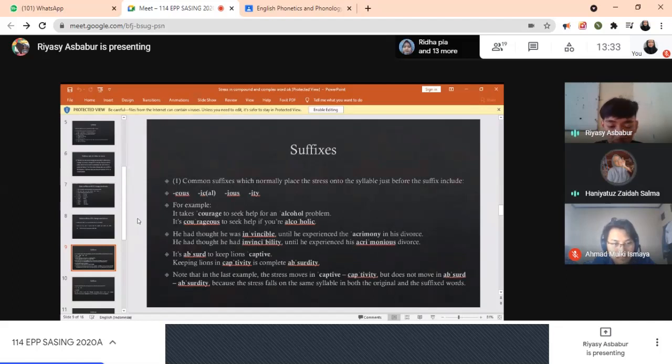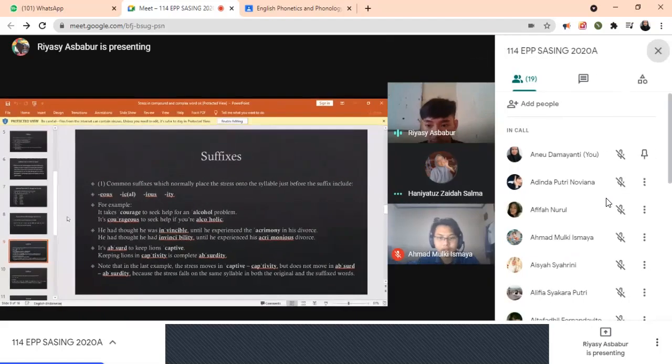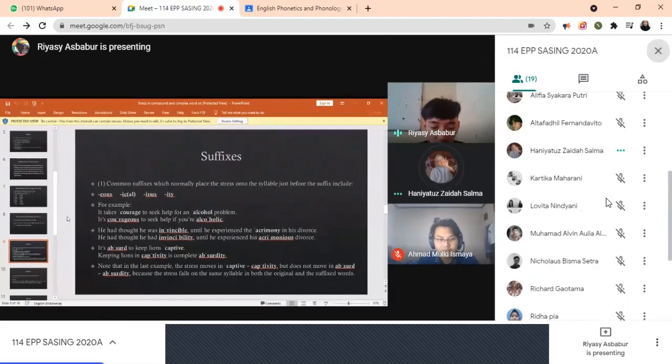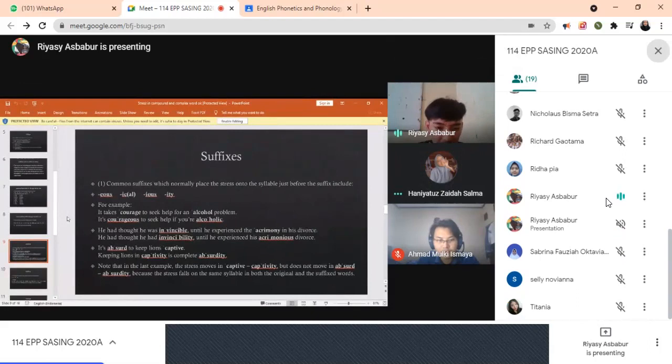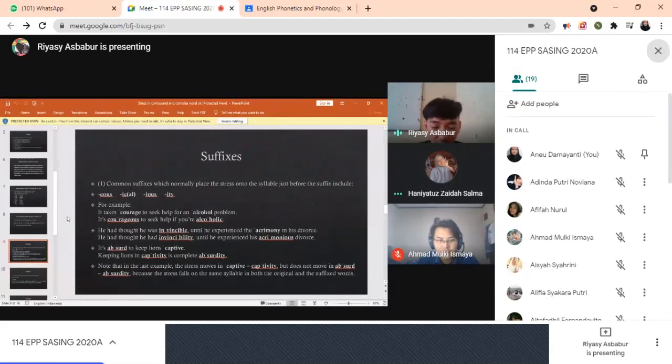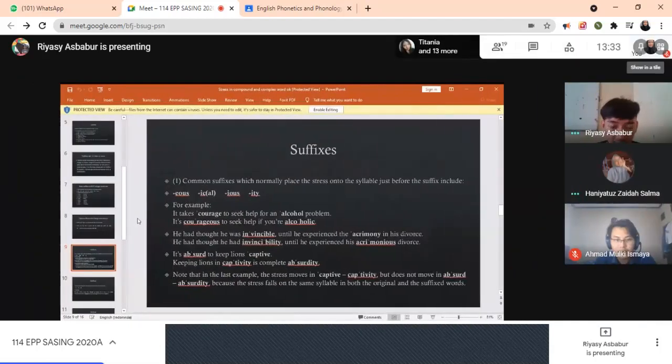Common suffixes which normally place the stress onto the syllable just before the suffix include -eous, -ical, -ous, -ity. For example, it takes courage to seek help for an alcohol problem.